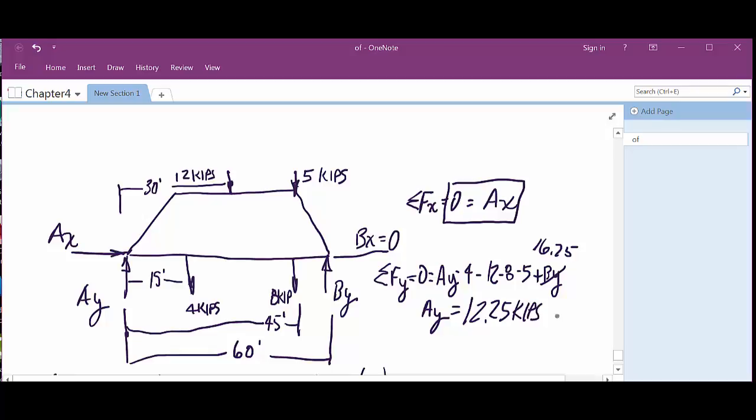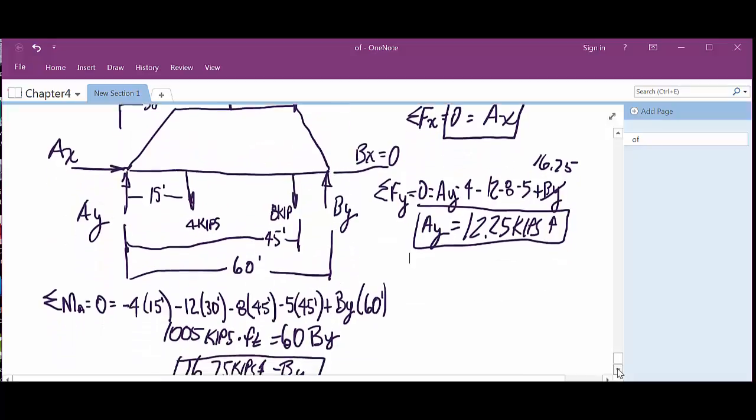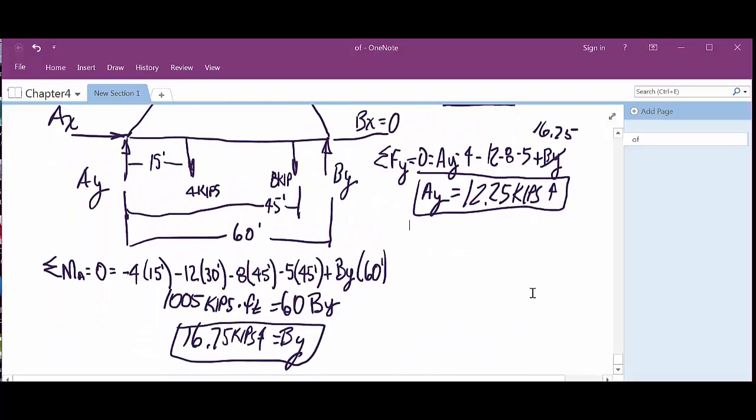It came out a positive value. We said AY was going up, so it is. So that's what's going on with that particular one.